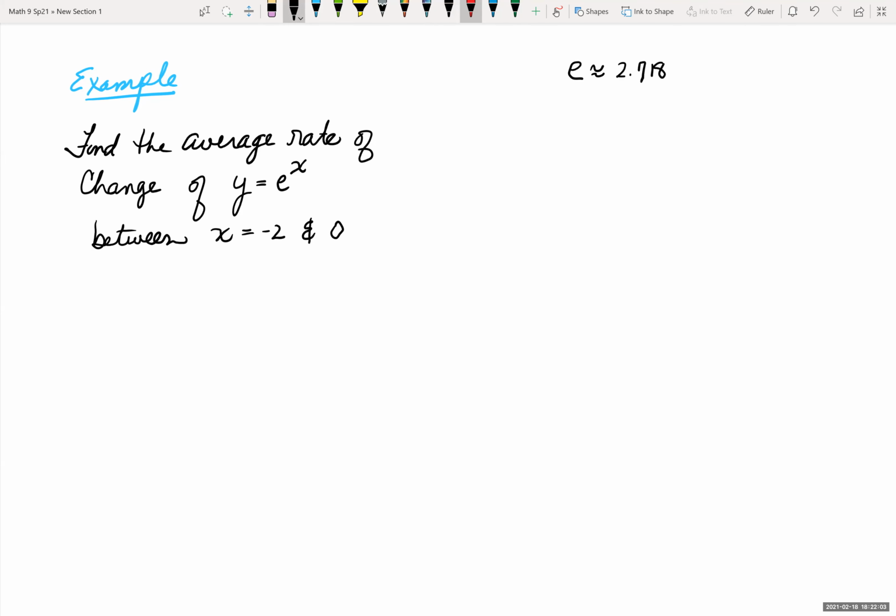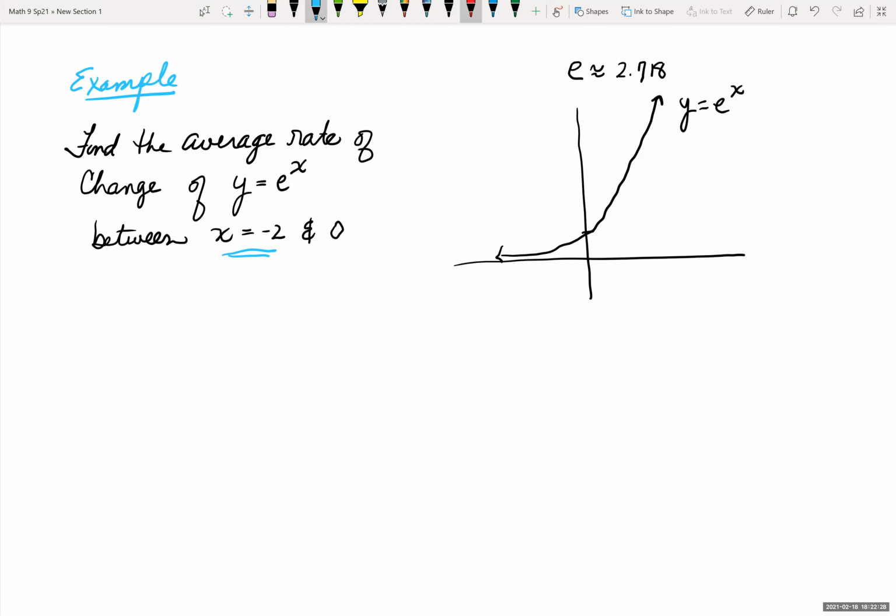So basically think of this as an exponential function. Our exponential function looks similar to this graph. And it's asking us to find the average rate of change between x equals -2 and x equals 0.